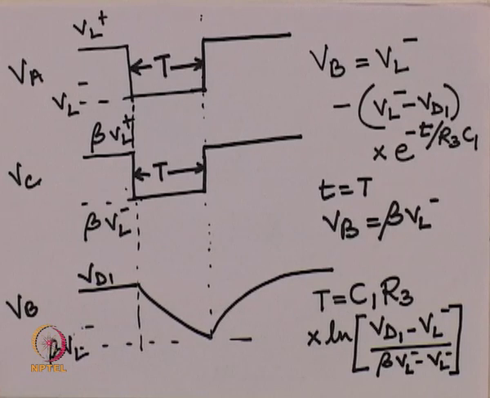So this is the total time for which the negative pulse of the monostable multivibrator exists.